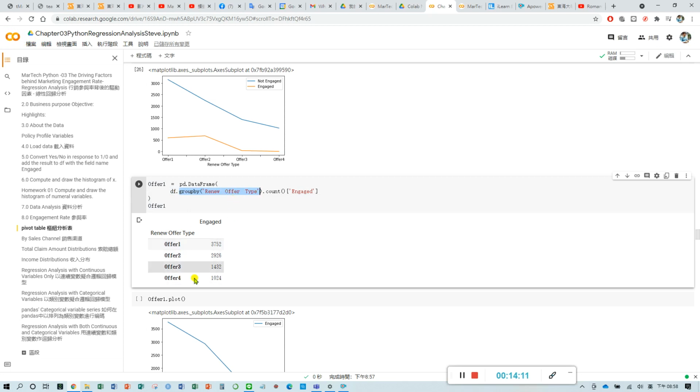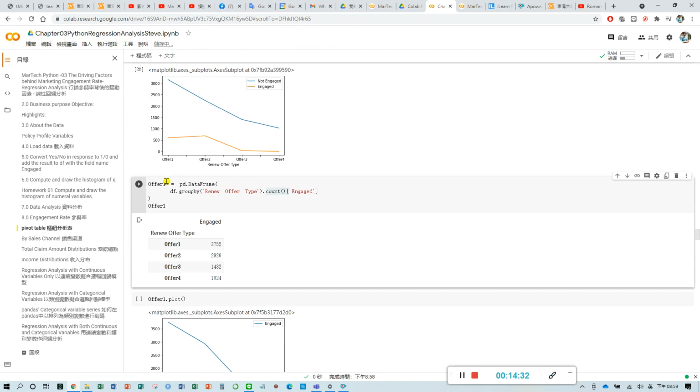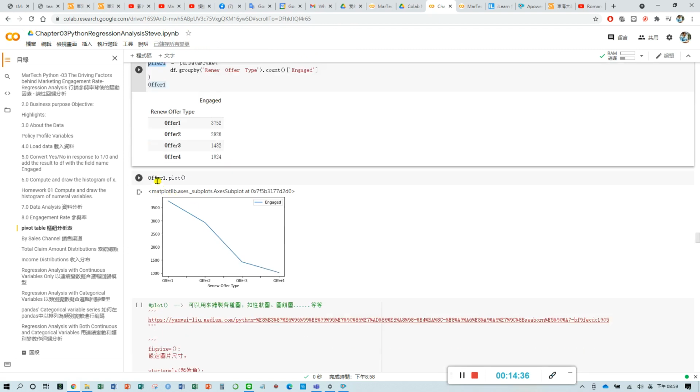So here we count the numbers for engaged, how many are engaged. We save the result as offer 1. Draw the offer type. It's okay.